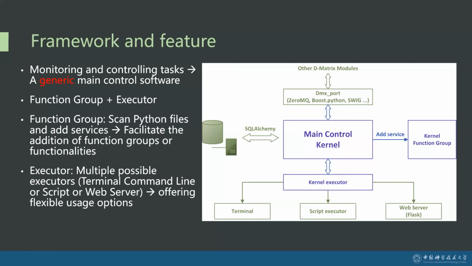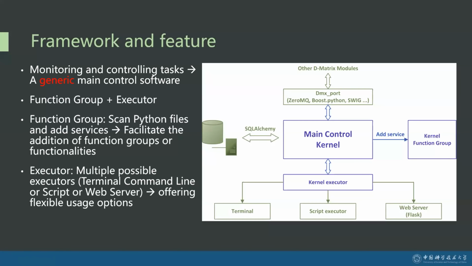The main control kernel can scan all Python files in the service directory and add them as function groups. This feature can facilitate the addition of function groups or functionalities. Some function groups will interact with the database, and we use SQLAlchemy to implement the database operation.